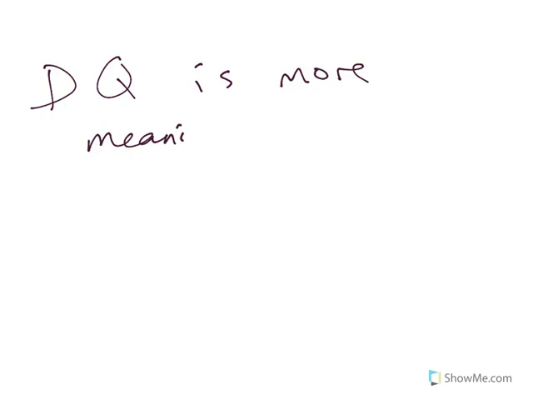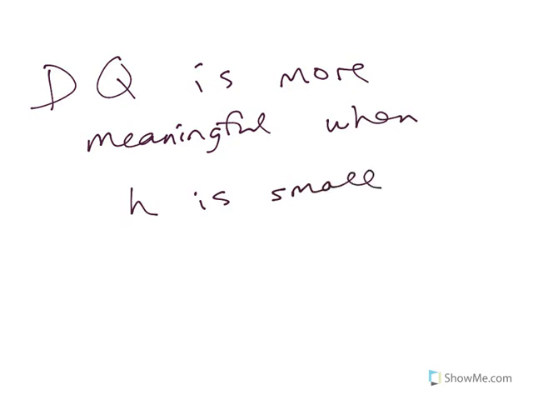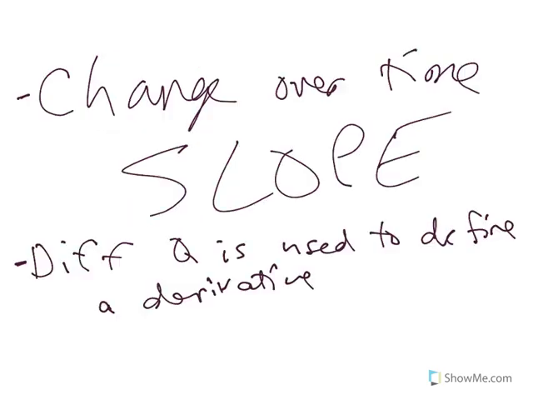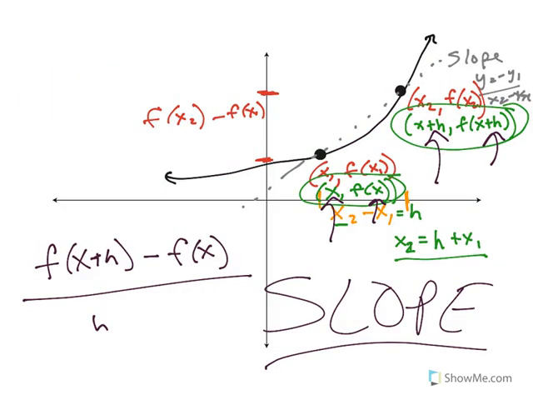Now, one other thing about the difference quotient is that it is more meaningful when h is small. What that means is, h is the difference between the x values of the 2 points.